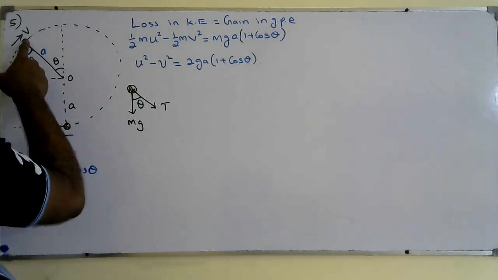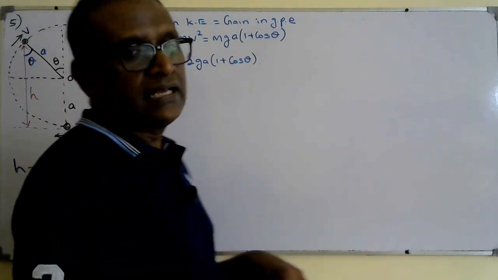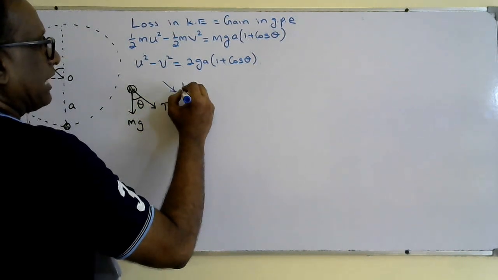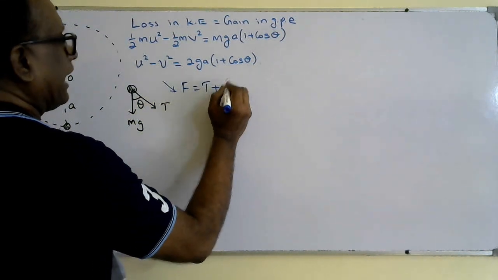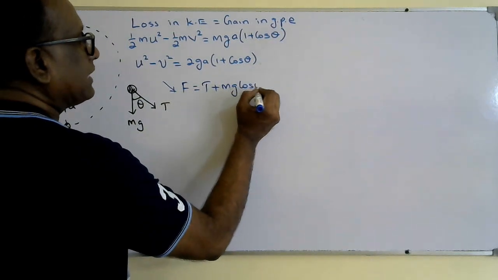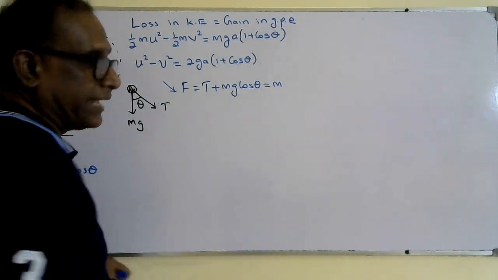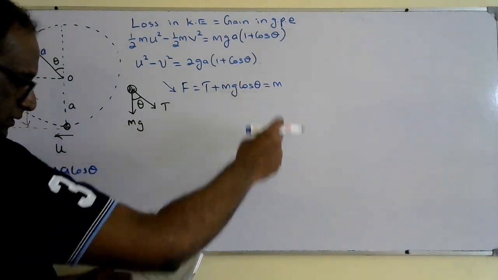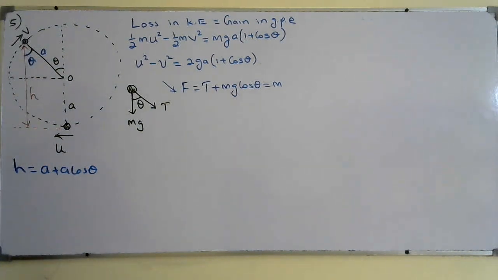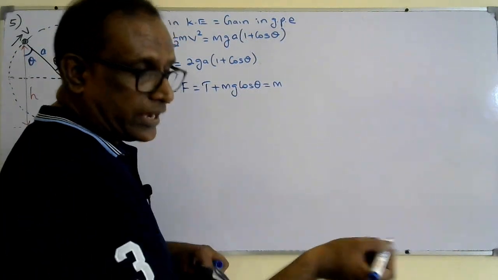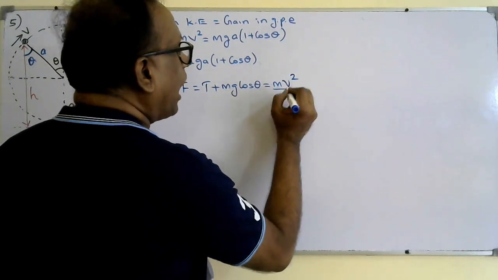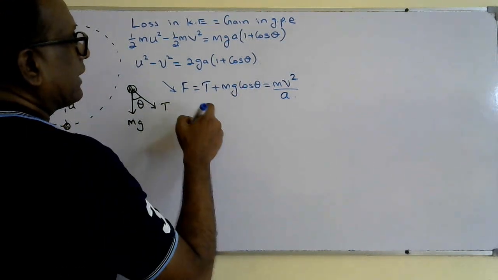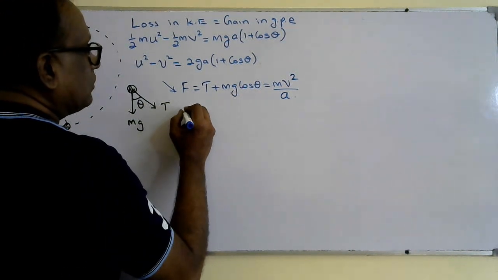So the resultant force towards the center of the circular path is the centripetal force. That is T plus mg cos theta equals mr omega squared, or mv squared over r, which here means mv squared over a. Okay, so that is with T equal to 0.